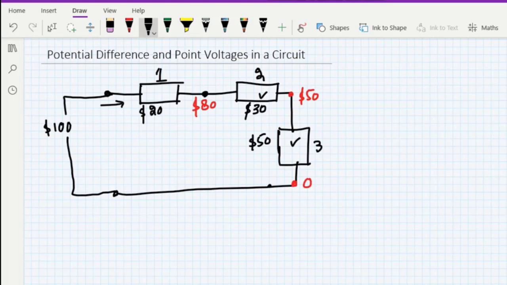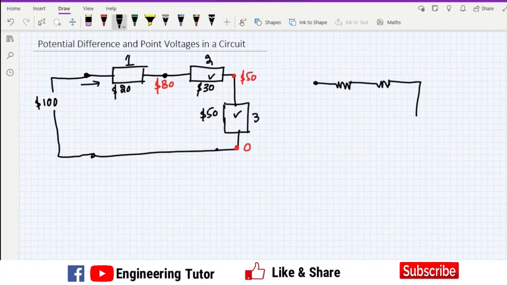Suppose similarly you have a circuit which is composed of 3 resistors, this one, this one, and this one. These have some resistances: this is R1, this is R2, and this is R3.